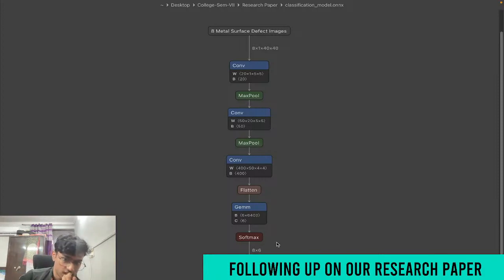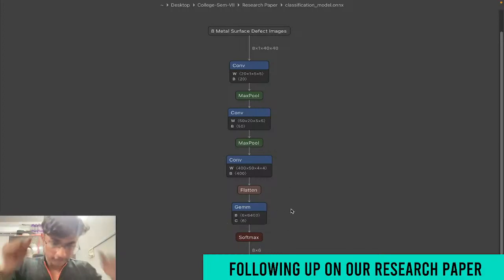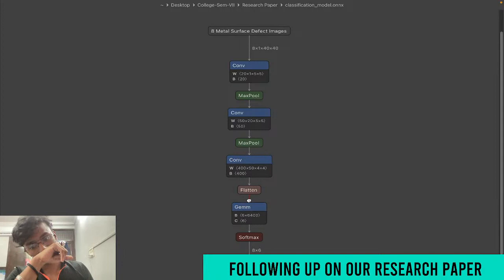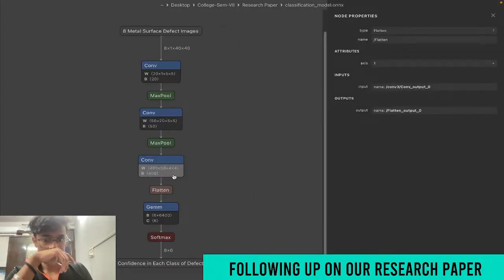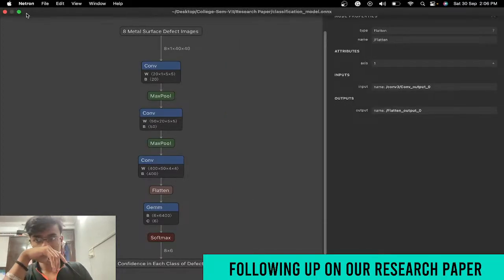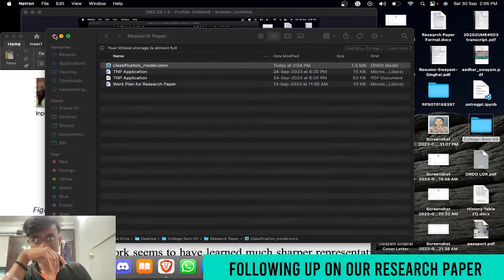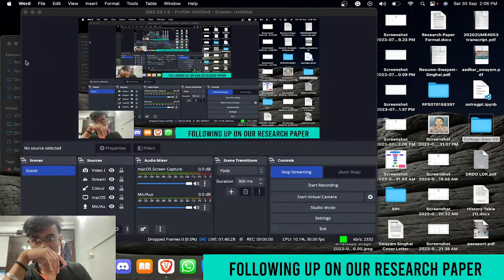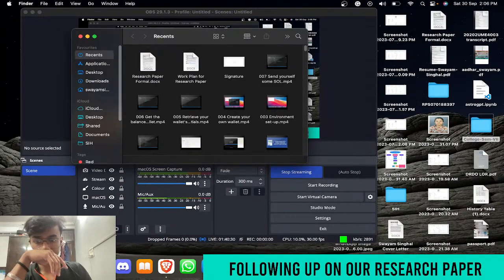Wait a minute, this looks weird. Oh, okay. That's just the dense layer. But okay, 8.6, right? So we flatten it. You know the dimensions. No, we can't. I think it must be right.